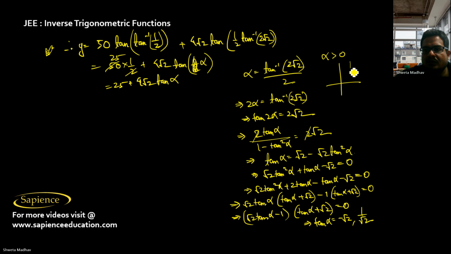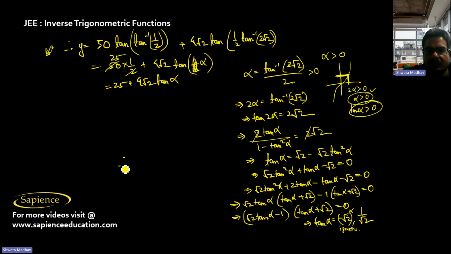Now if we take the graph of tan x, 2 root 2 will come somewhere here. So if tan 2 alpha is 2 root 2, then 2 alpha should be greater than 0, so alpha also should be greater than 0. So tan alpha also should be greater than 0. It means we have to ignore this negative answer. So tan alpha value will be 1 by root 2 only.